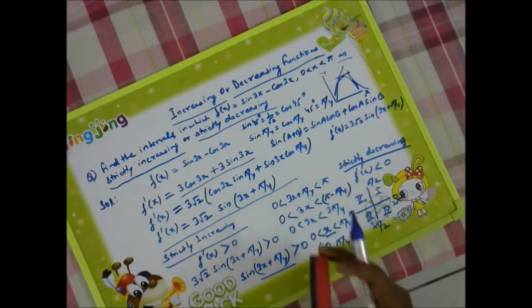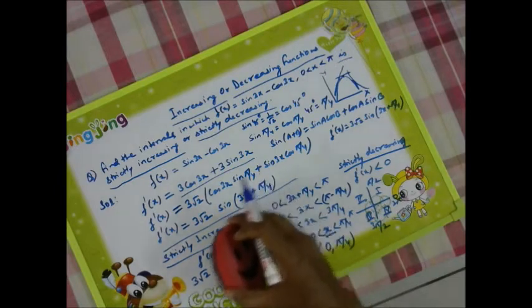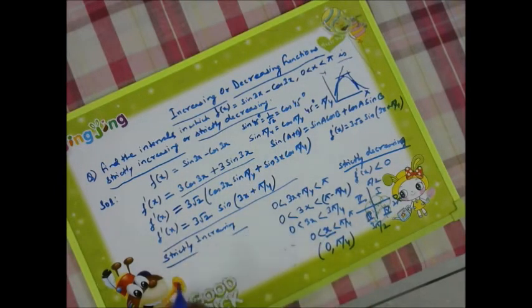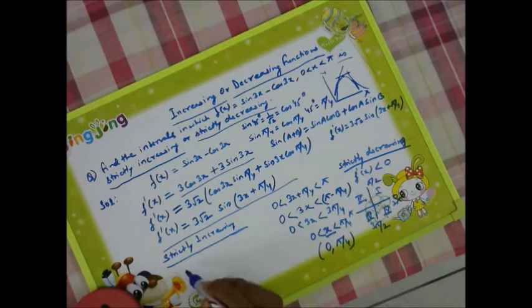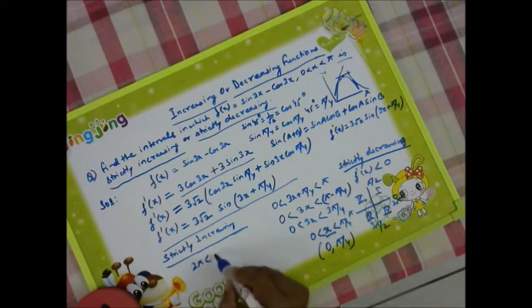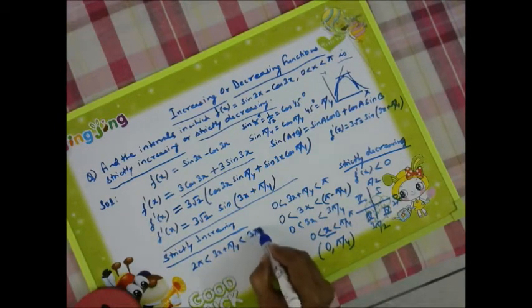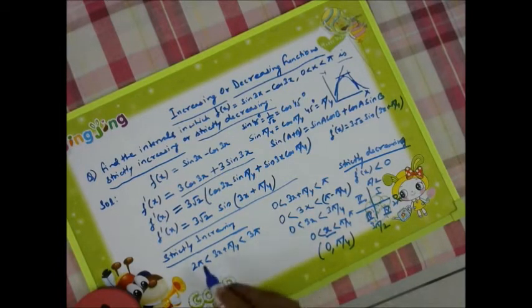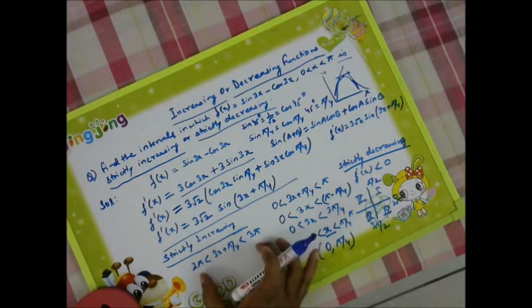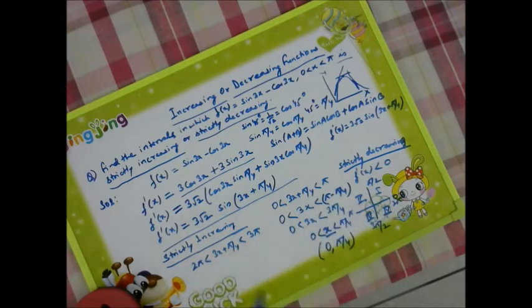So we write 3x plus pi by 4 is greater than 2 pi and less than 3 pi. In between these values also, f dash x will be greater than 0, because sin(3x plus pi by 4) is going to be positive.